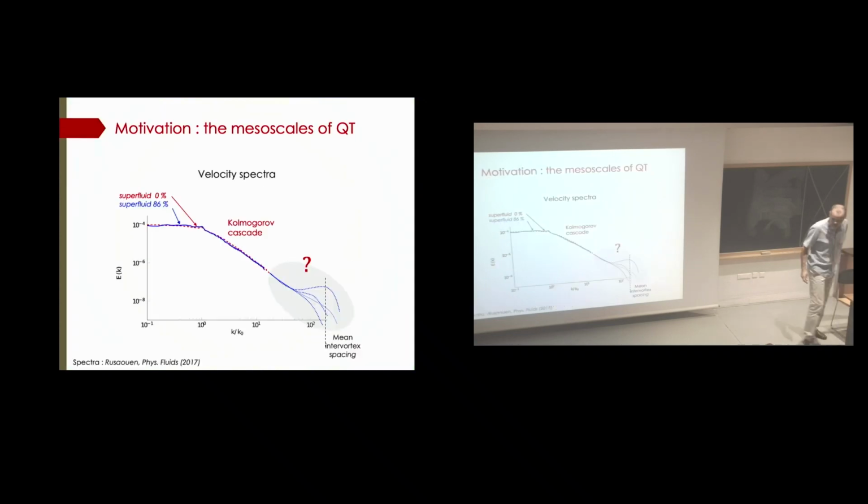Basically the initial motivation is the same as the one mentioned by Pantxo, that is to resolve what is happening at mesoscales in co-flow quantum turbulence. So we're now all convinced about this Kolmogorov cascade, but what is happening between the end of the cascade, let's say, and the intervortex spacing.